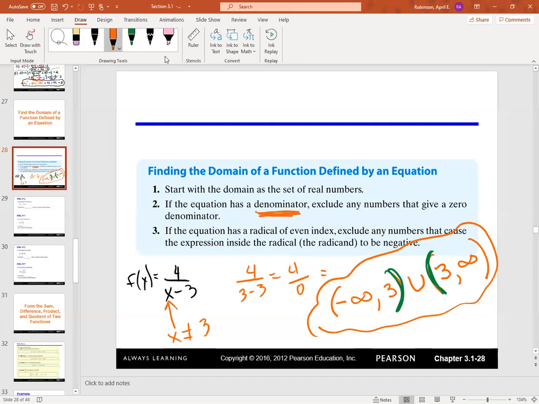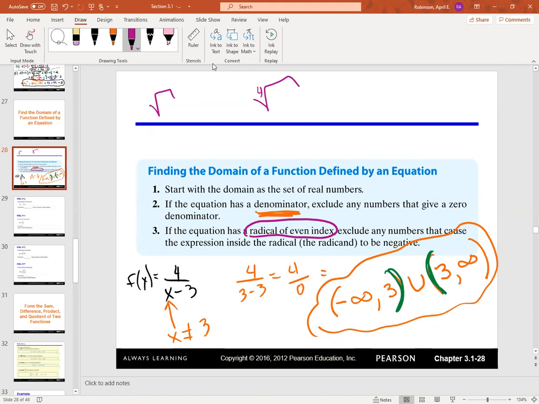And then the other one is if the equation has a radical. And a radical could be a square root or a cube root or a fourth root. I'm sorry. A radical of an even index. That's right. Cube roots, you can have negatives, so there's no problems there. You have to exclude any numbers that cause the expression inside the radical, also known as a radicand, to be negative.